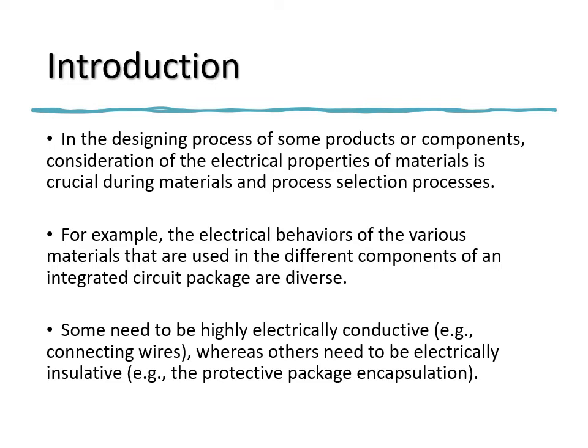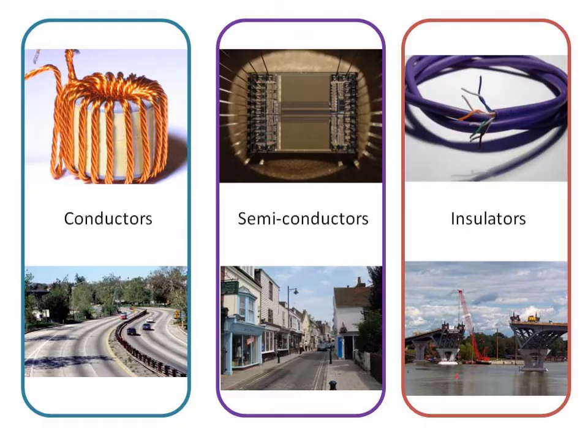For example, the electrical behaviors of the various materials that are used in the different components of an integrated circuit package are diverse. Some need to be highly electrically conductive, whereas others need to be electrically insulative, depending on their applications.